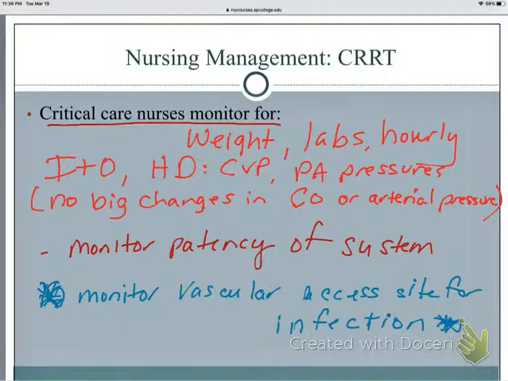Like I said, these nurses are critical care nurses, and they must know how to troubleshoot these systems. It would be very dangerous if something happens. I've heard of horrible things happening with these systems, unfortunately, but it does happen. And of course, monitor for signs and symptoms of infection at the access site. And very strict what? Aseptic technique, yes. And that is it.